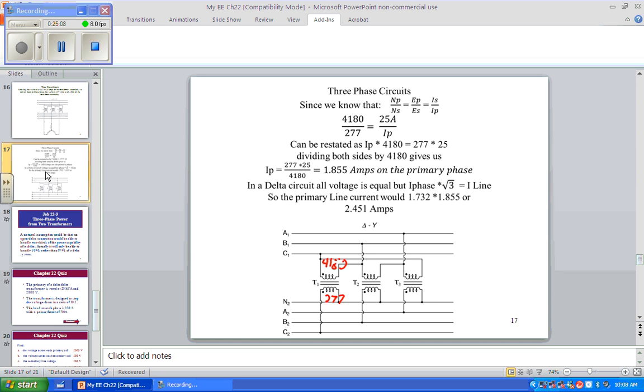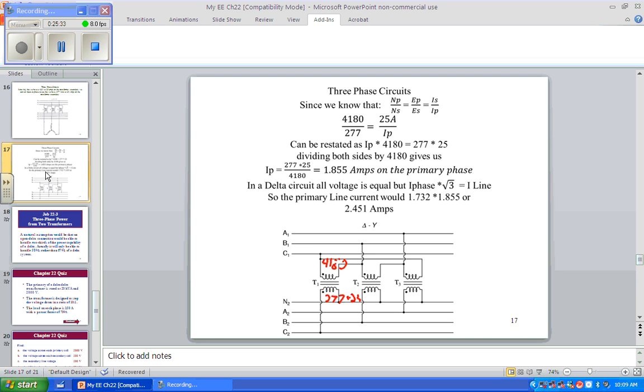Now, power is power, so we have 25 amps down here. So we know that we have 277 times 25, and dividing both sides by 4180 gives us 1.855 amps.